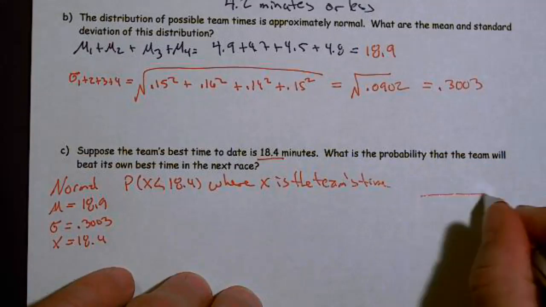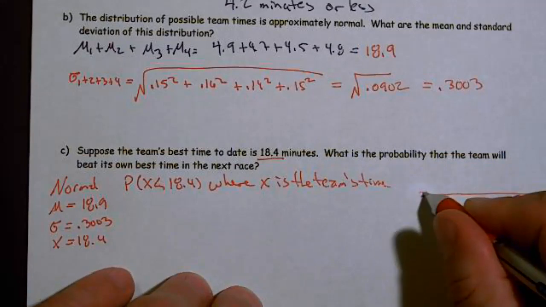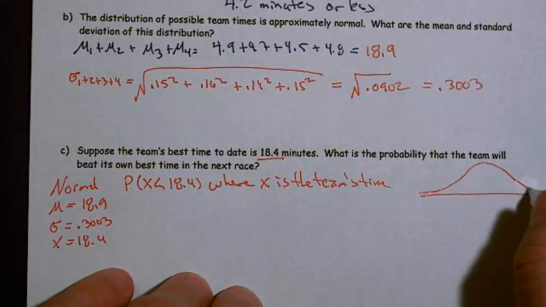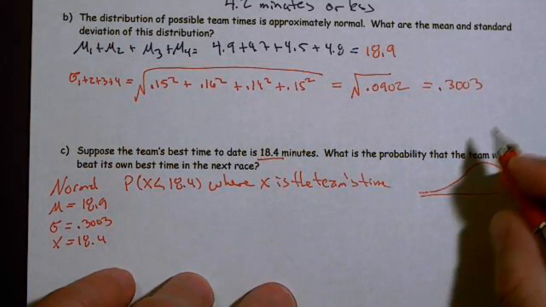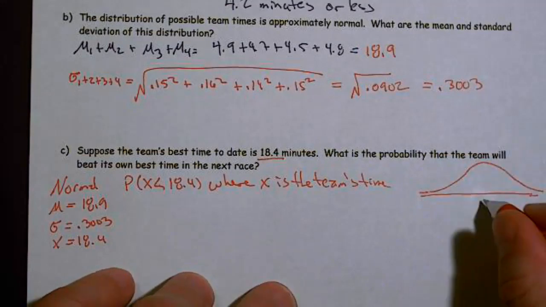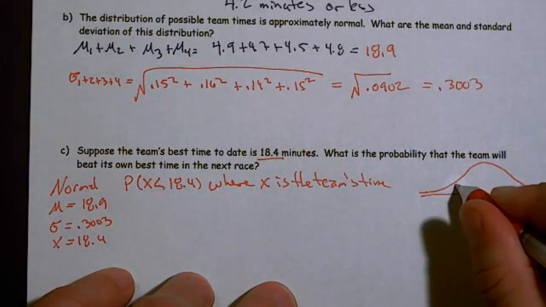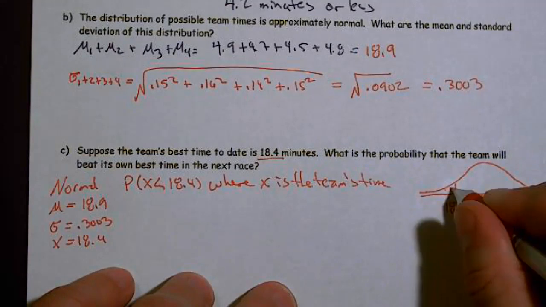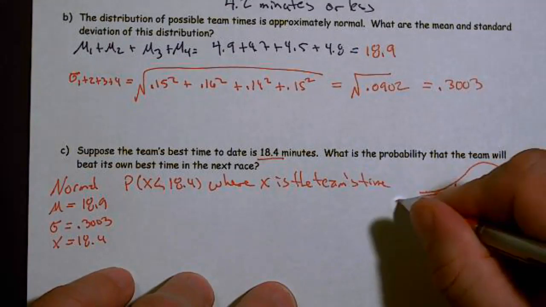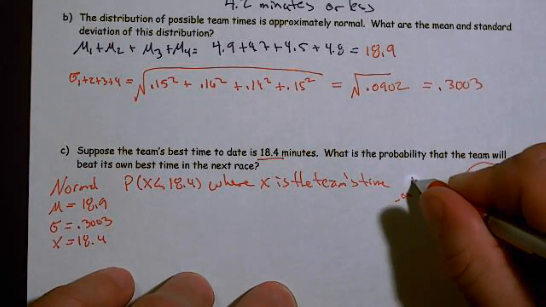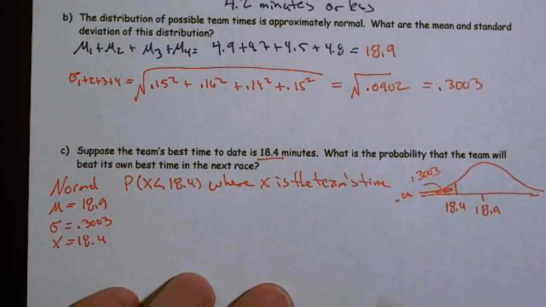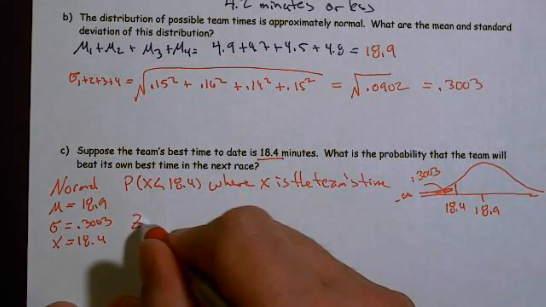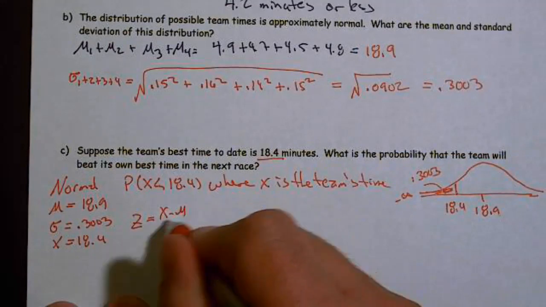We set this up just like before, with a mean of 18.9. So Z equals X minus mu over sigma.